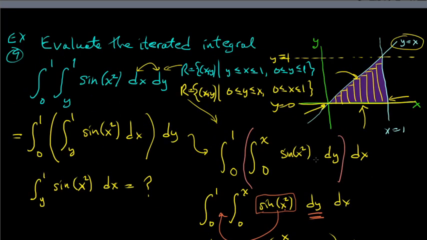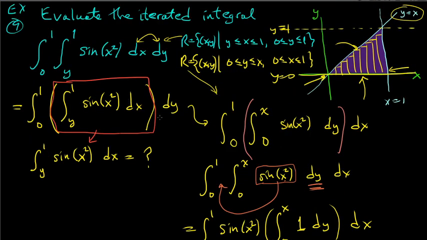We took a rather impossible task. Remember, we tried to do it this way, and we got stuck. We got flummoxed. I couldn't figure it out, and in fact, nobody can, because there is no elementary antiderivative of sine of x squared.